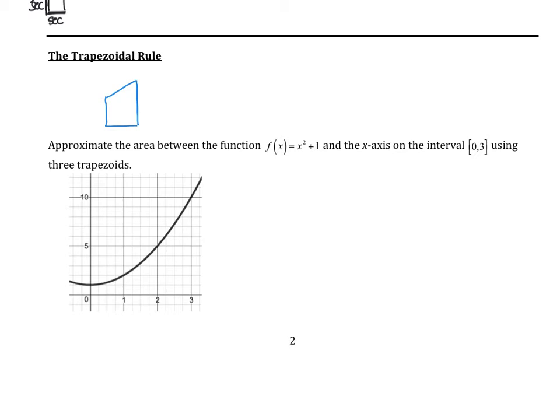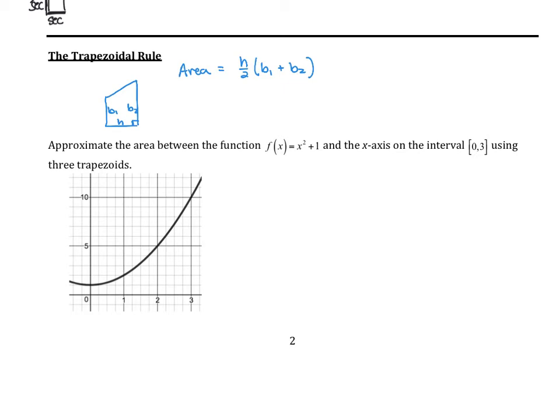Well, we know the area of a trapezoid, as long as that is perpendicular, we may call this base 1 and this base 2. Then this would be the height. The height is what connects base 1 and base 2. And the formula for area is the height divided by 2 times base 1 plus base 2. Think all the way back to geometry for that one.